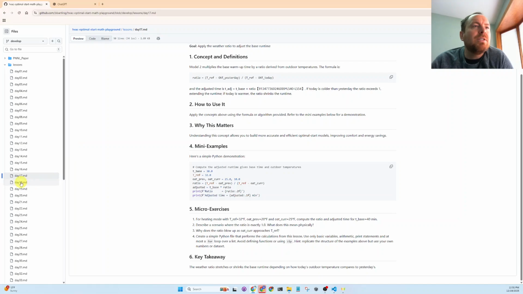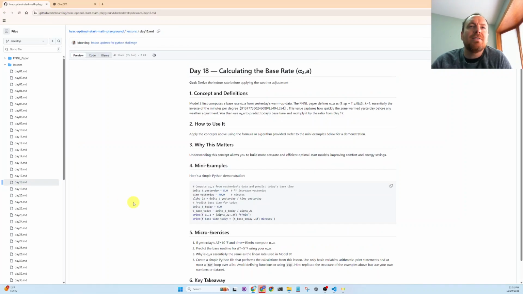It would be kind of slightly interesting to ask AI about that. So here we are. Model 2 first computes the base rate, alpha A and alpha 2.